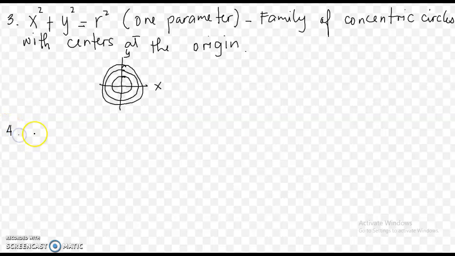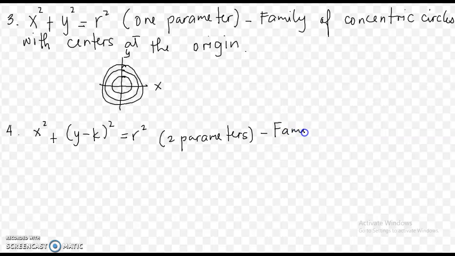Okay, number 4, x squared plus (y minus k) squared equal to r squared. This one is under the 2 parameters. Family of circles whose centers are on the y-axis.